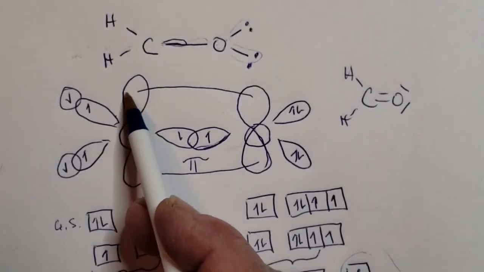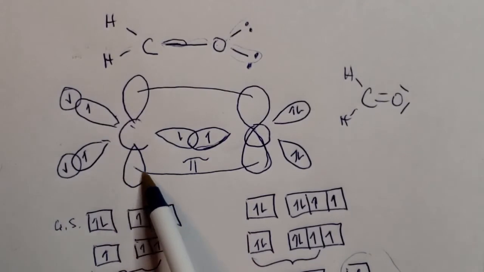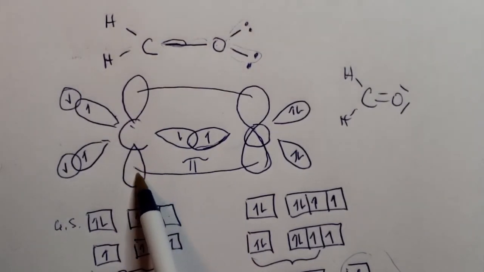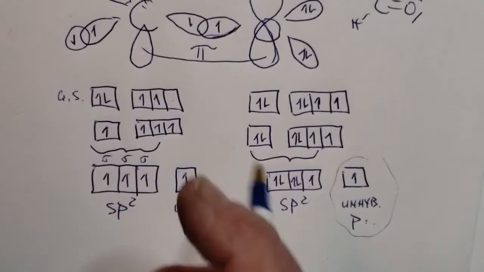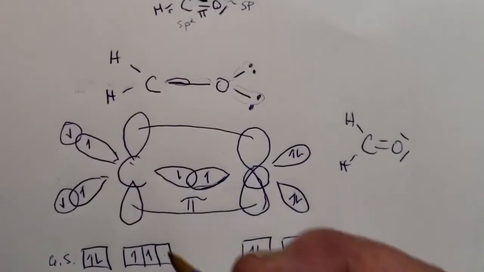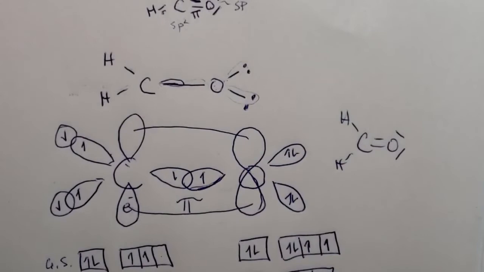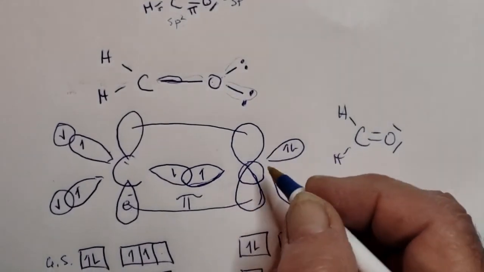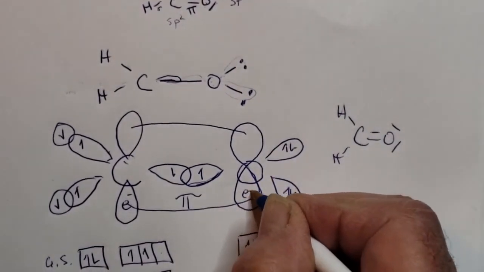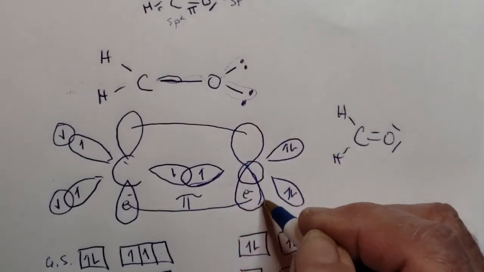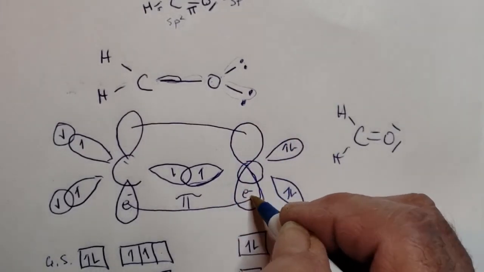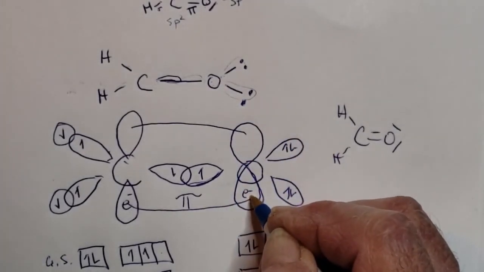But it had one leftover p orbital that was still unhybridized in its original dumbbell shape. And it wasn't vacant. It had an electron in it. Well, it turned out the oxygen likewise had a leftover, unhybridized, full dumbbell p orbital, also with an electron in it. How convenient.